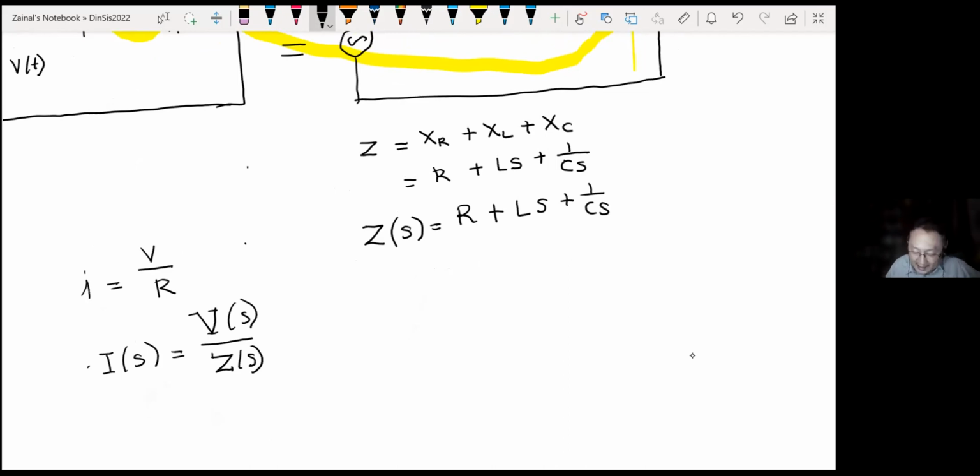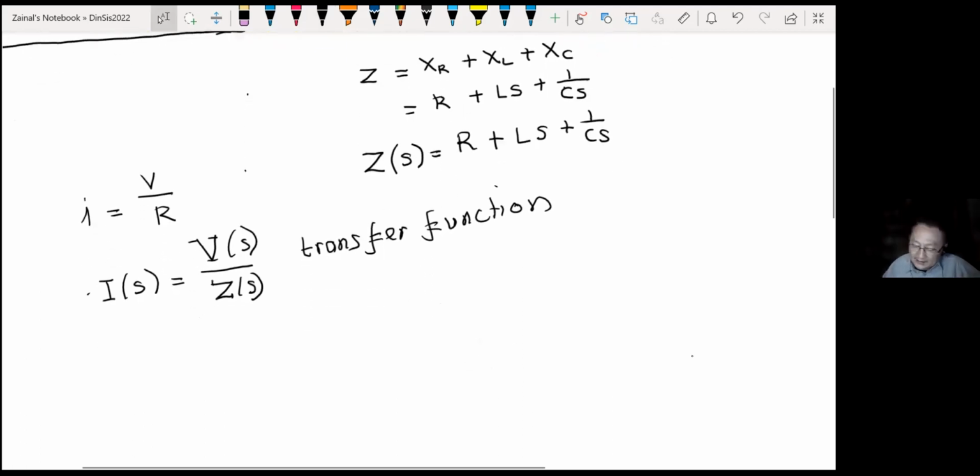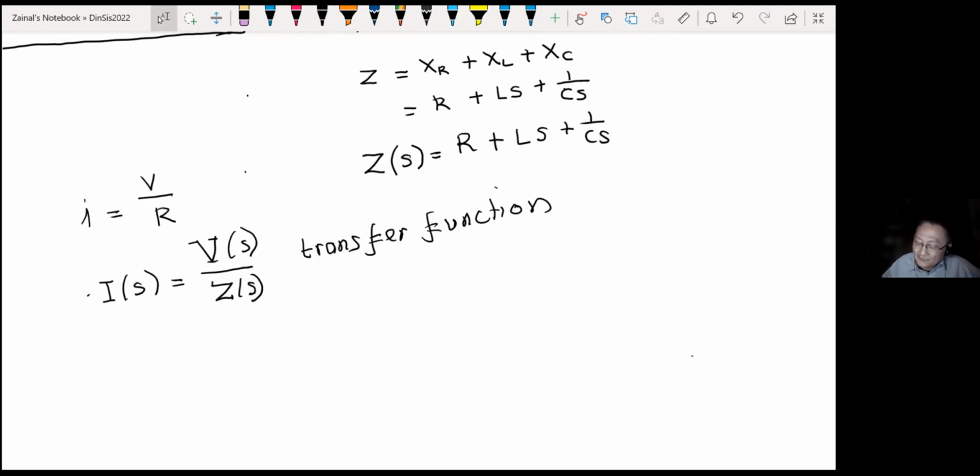This one is I(S). This one is called the transfer function. Now if you want to find the frequency response function, if you have G(S), this one is the transfer function.